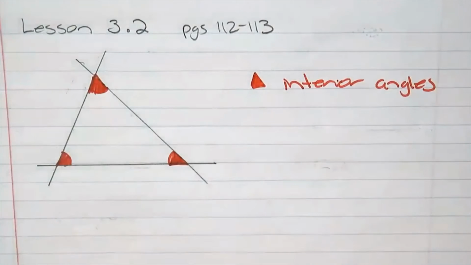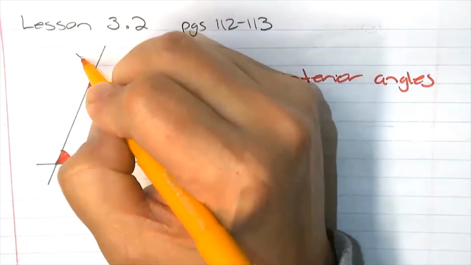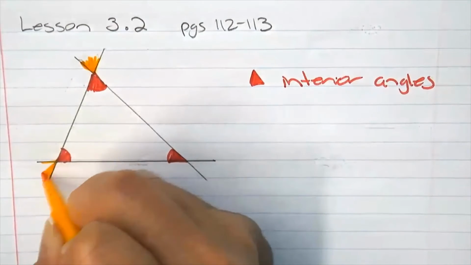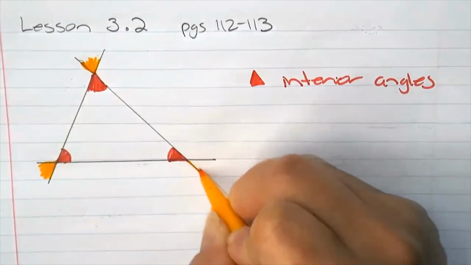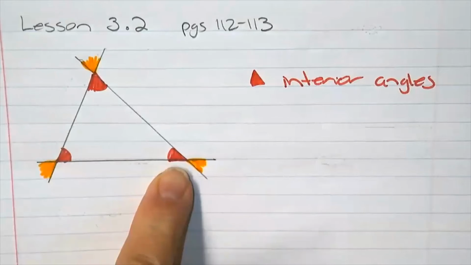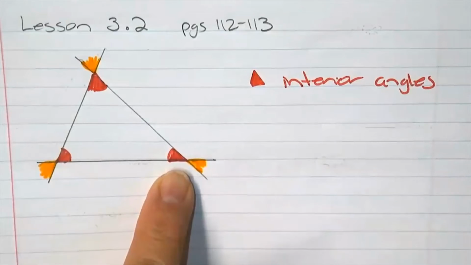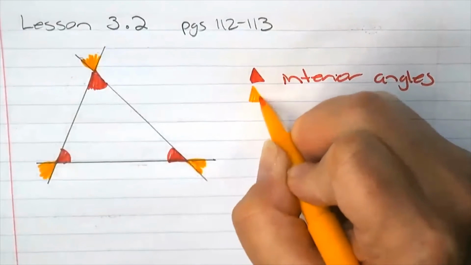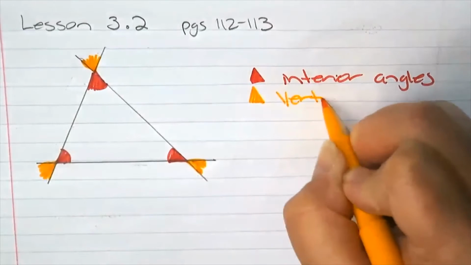Now, let's use what we learned a couple of weeks ago when we were talking about adjacent angles, vertical angles, complementary and supplementary angles. What can we say about these angles? They are exterior, but we don't consider these exterior angles because they are vertical.